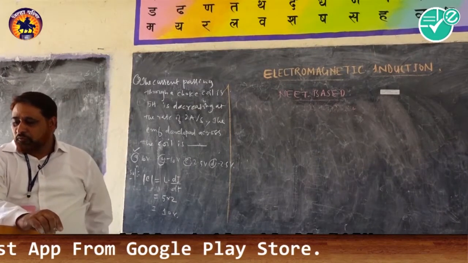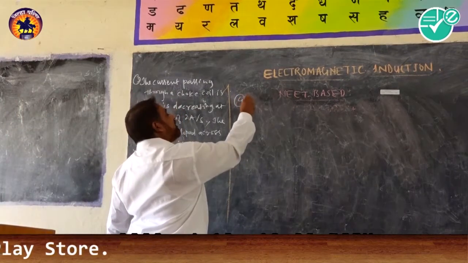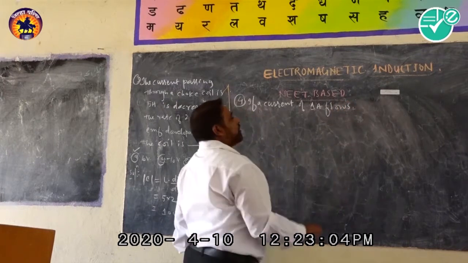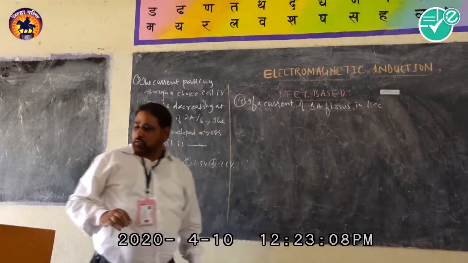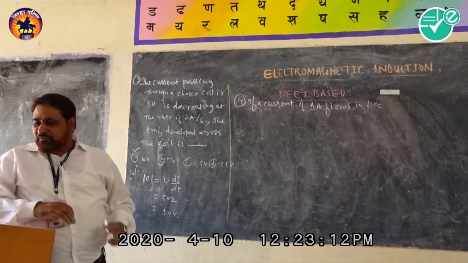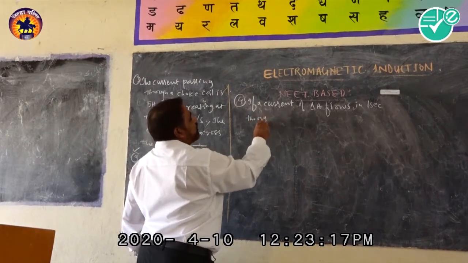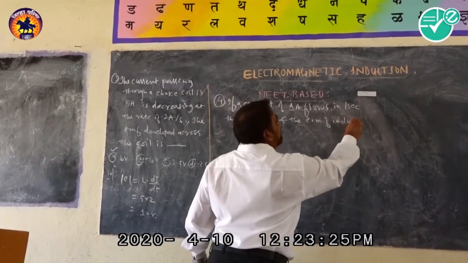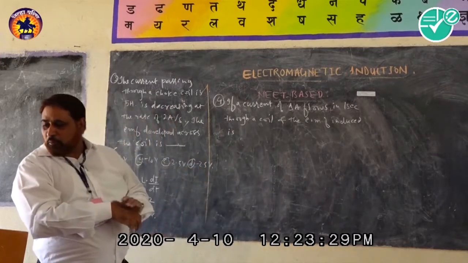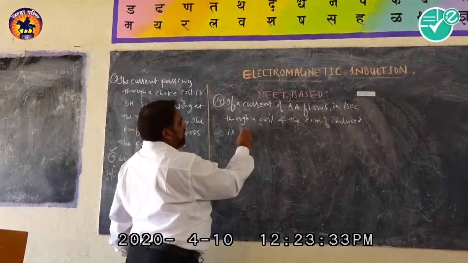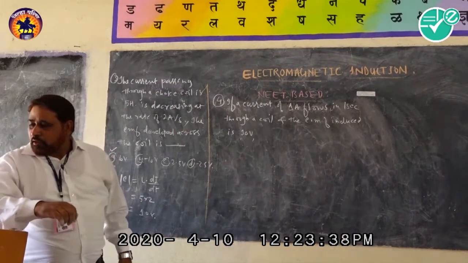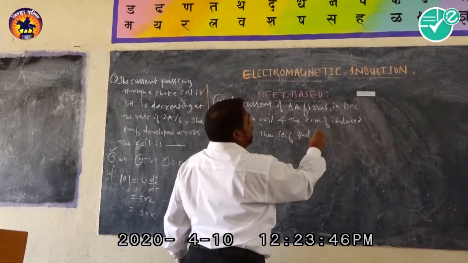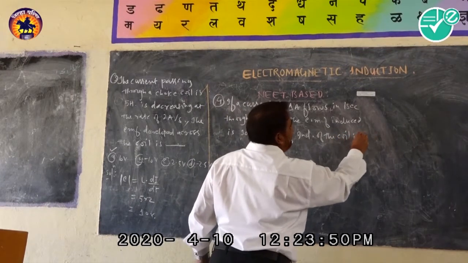If a current of 1 ampere flows in 1 second through a coil and the EMF induced is 10 volt, then the self inductance of the coil is dash.